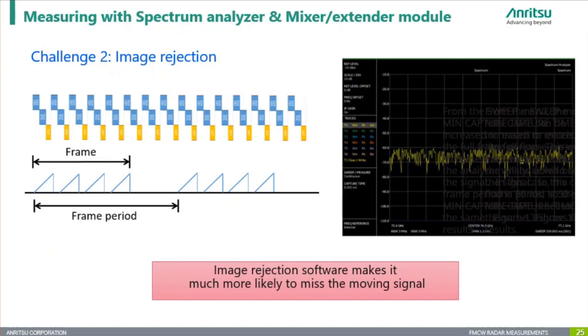In a conventional spectrum analyzer, signal processing involves multiple sampling stages, where sampling must align precisely to display meaningful results on the screen. However, in the MS2760A, we use image rejection via software due to the absence of hardware filtering.